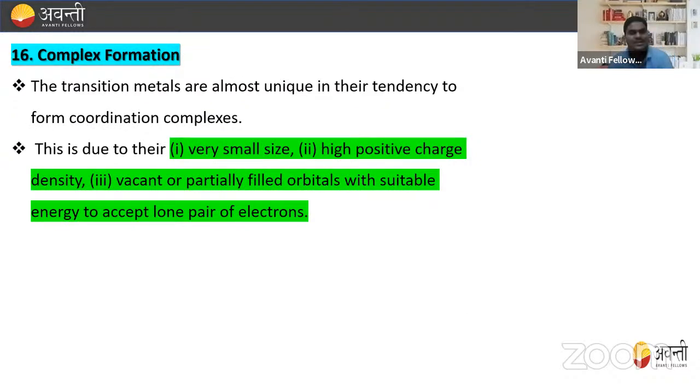Complex formation. The transition metals are almost unique in their tendency to form coordination complexes.